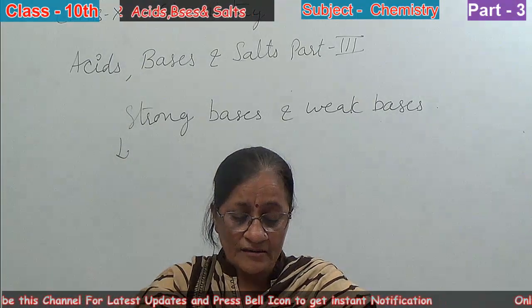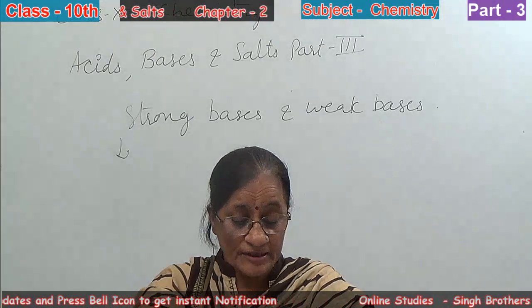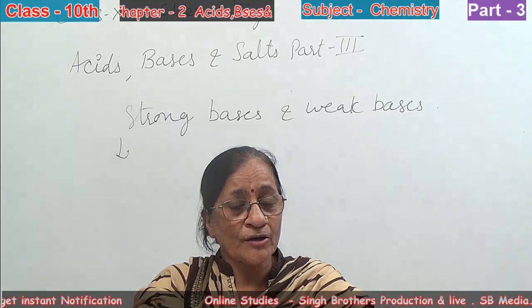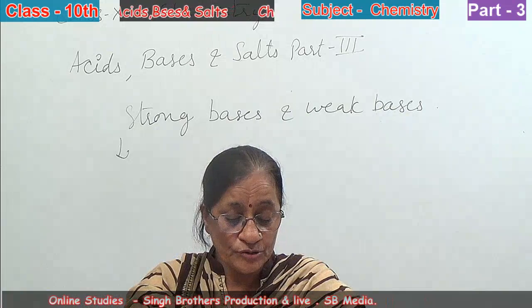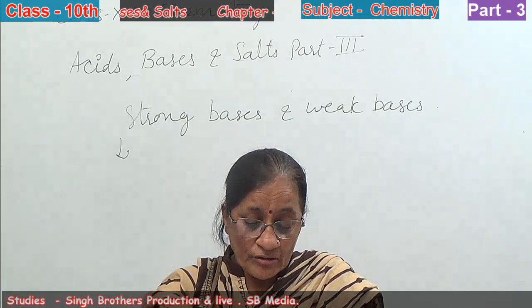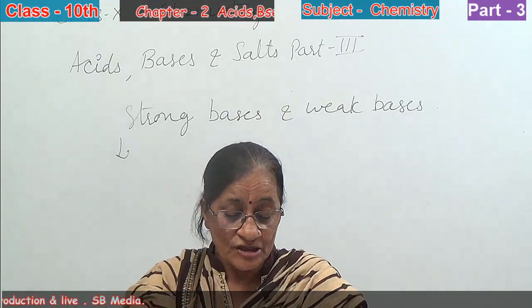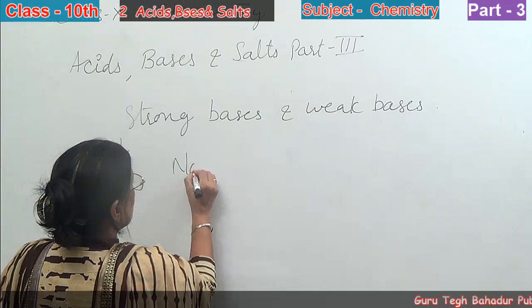These are the bases which are water soluble. The bases which completely ionize or dissociate, meaning break down into ions when dissolved in water, are called strong bases. Examples are NaOH, KOH.